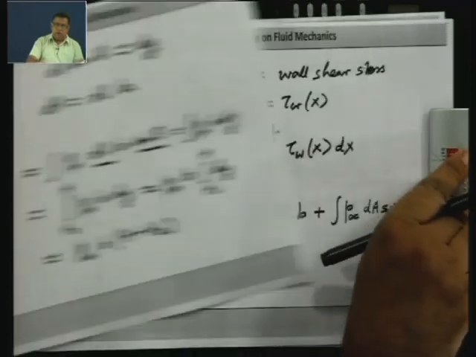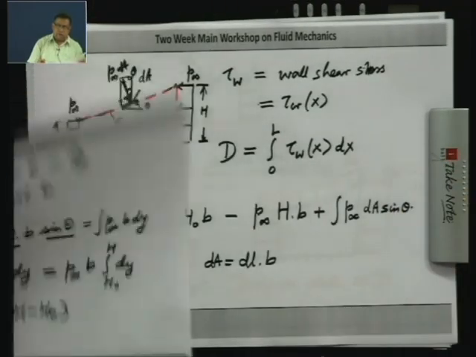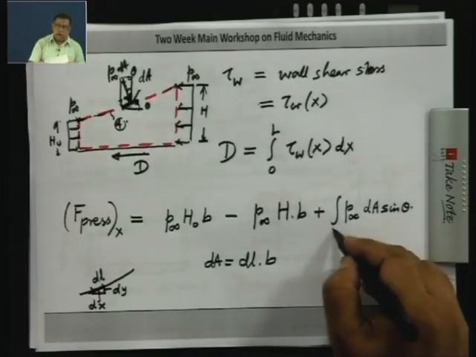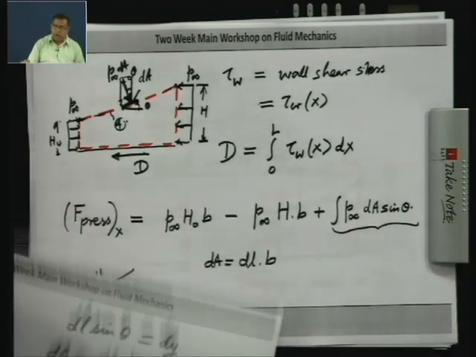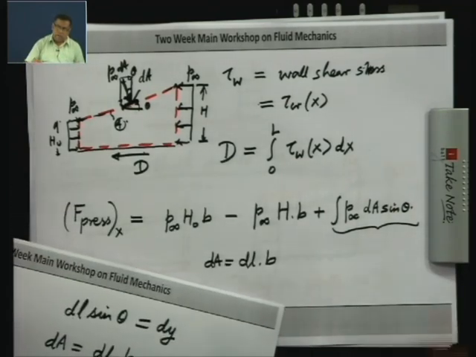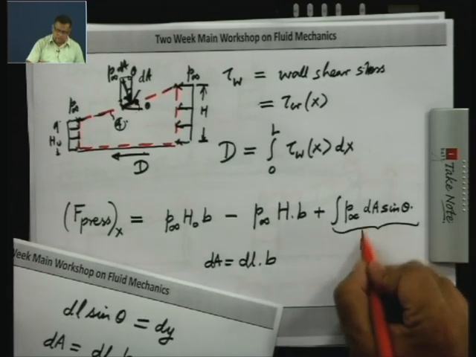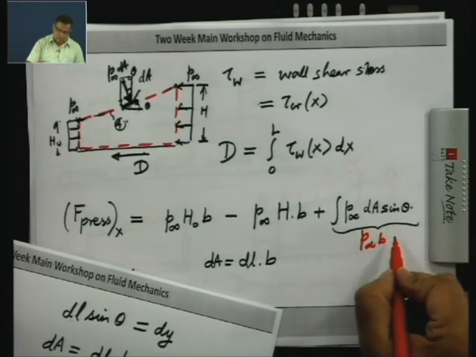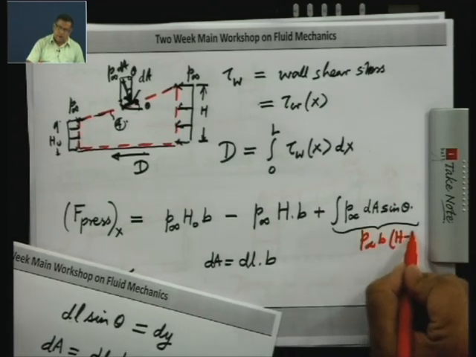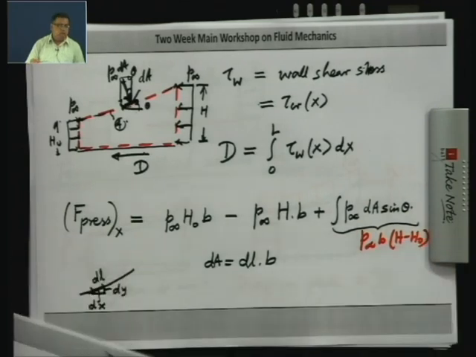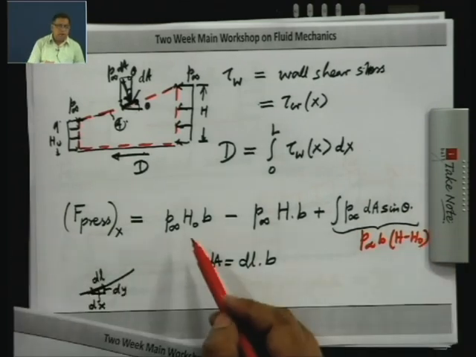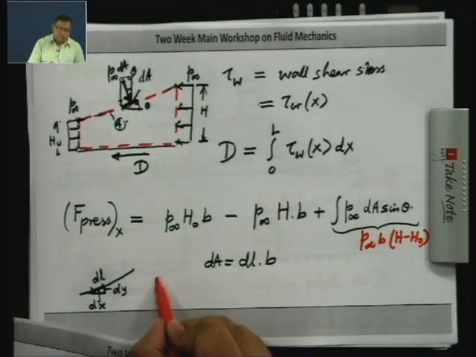So, let us come back and look at this balance equation over here. This quantity over here we have found to be P infinity into B into h minus h naught. Now, you see that, so this quantity F pressure net.